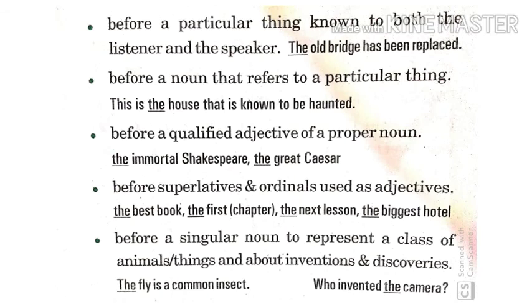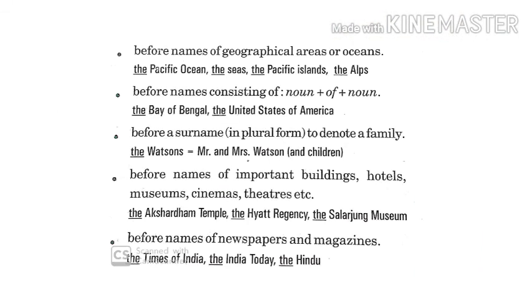Children, you also know that the is used before superlatives and ordinals used as adjectives. For example, this is the best book I have ever read. The first chapter was very interesting. The Taj is the biggest hotel in Mumbai. Now, before names of geographical areas or oceans like the Pacific Ocean, the seas, the Pacific Islands, we use the.